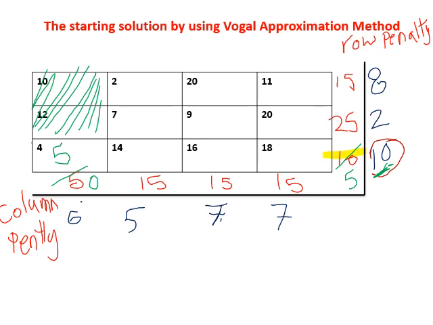Now we will get the row penalty for the second step, which is the difference between the two smallest values. Now it is 2 and 11, so the difference is equal to 9. Then the second row, 7 and 9, the difference between the least values, is equal to 2. And then the difference between 14 and 16 is equal to 2.